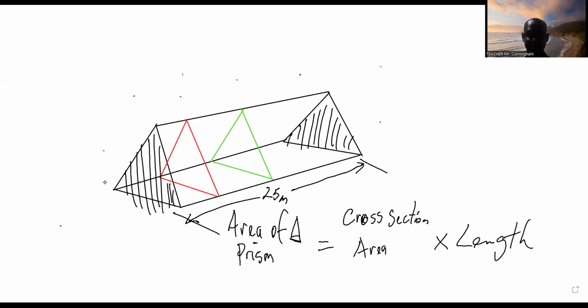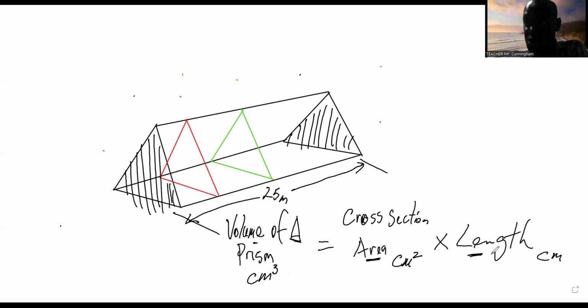Did anybody spot the mistake? It's not area of prism, it's volume. So volume of a prism is equal to the cross-section area multiplied by the length. Say the area is in centimeter squared and the length is in centimeter. Centimeter times centimeter squared will give me centimeter cubed. Everybody okay with that? Yes, sir. Right. So this was a nice question.